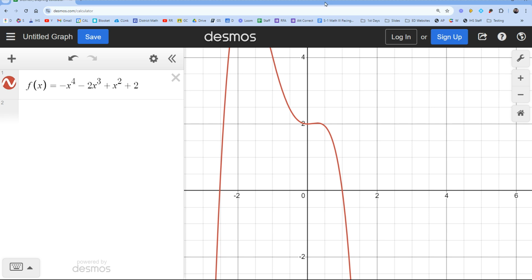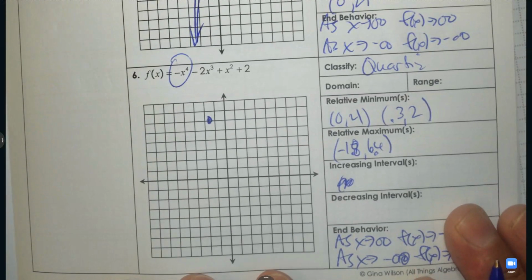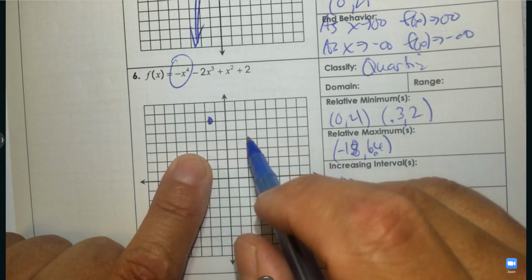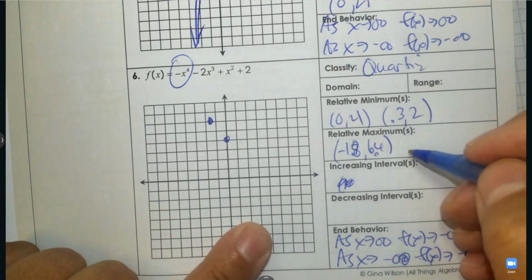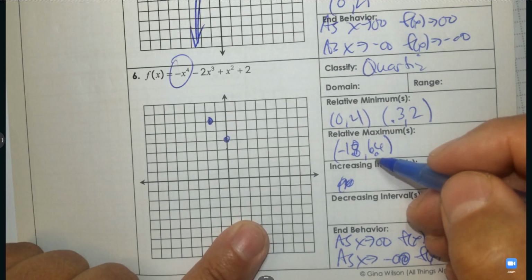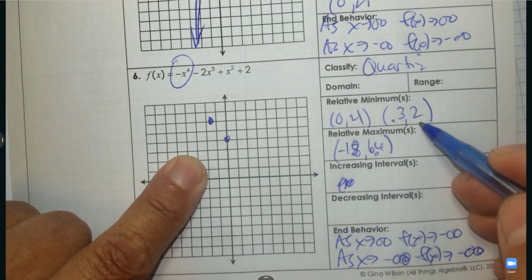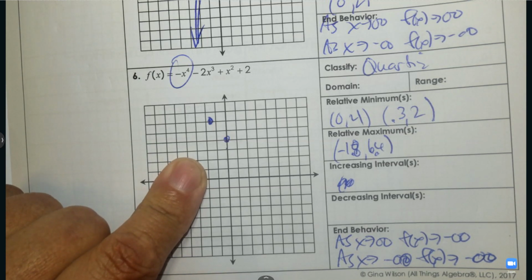Okay, so I'm going to go back here. I'm going to put these on my graph. So I already put down 0.3 and 2, 0 and 4 is there, and then negative 1.8. I did that one already. Oh, 0.3 and 2. Which way? 0.3 and 2 is a maximum. There it is.